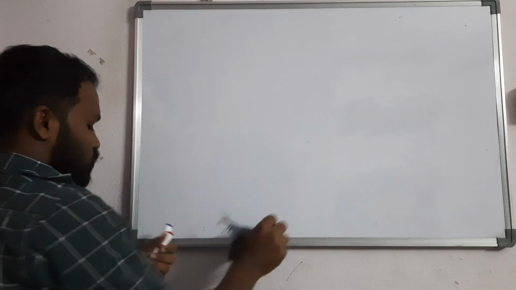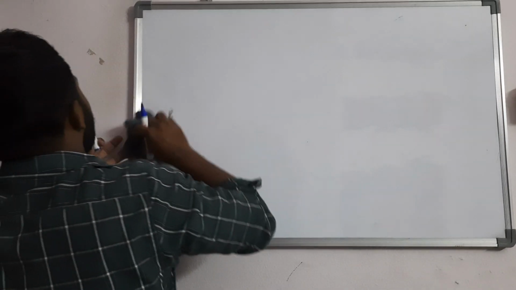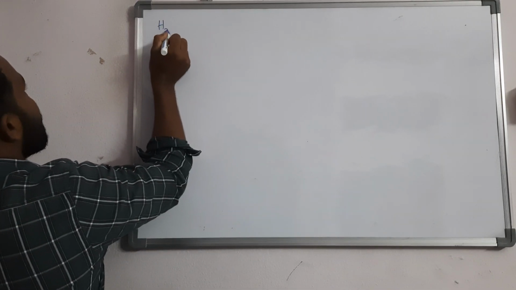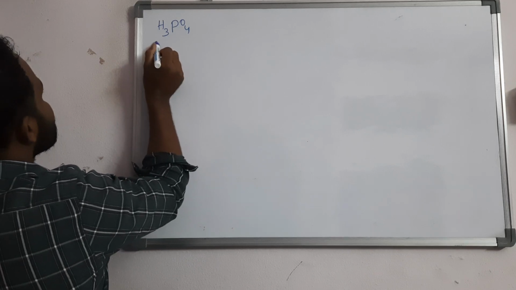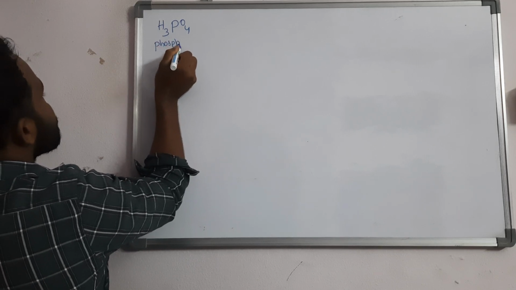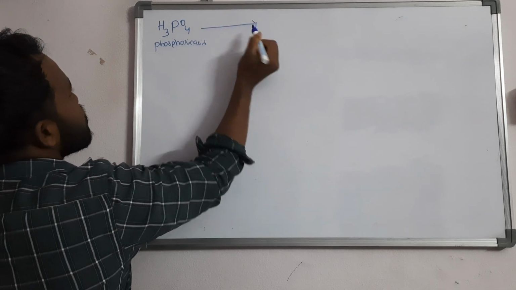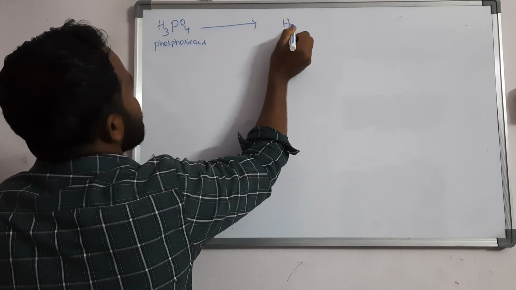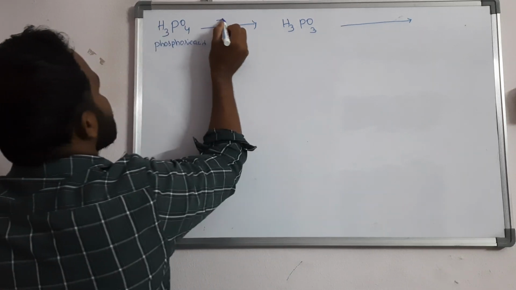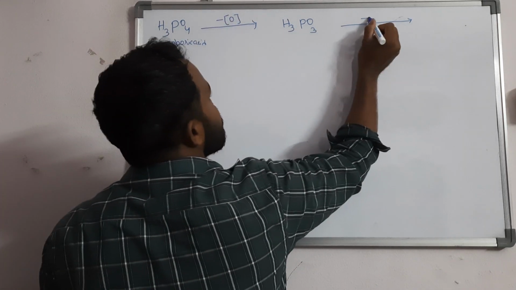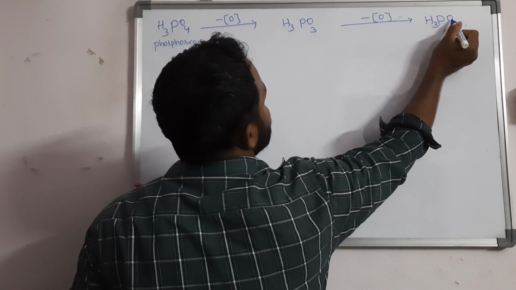For oxy acids, I am going to write the flow chart first, right? First you should start with H3PO4. What is this called? Phosphoric acid. From this you should remove one oxygen and you will get H3PO3. From this, if you remove another oxygen, you will get H3PO2.